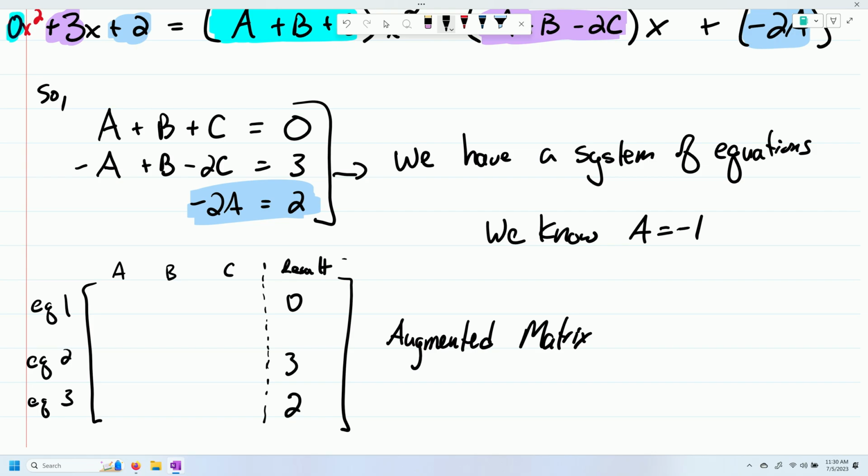The only thing we have to do is assign A, B, and C for equations 1, 2, and 3 respectively. So it's going to be 1, 1, 1 for equation 1. Equation 2, remember, they're just the coefficients: negative 1, 1, and negative 2. And for equation 3, it's only negative 2 and then 0 and 0, because there is no b term, nor is there a c term.